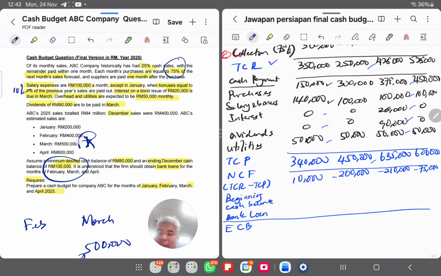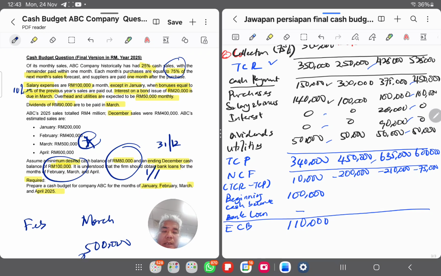Don't forget, on the 31st of December, then at 1st of January you will get 100,000. You need a minimum of 80,000. Then your money in January is 110,000, so you don't need a bank loan.